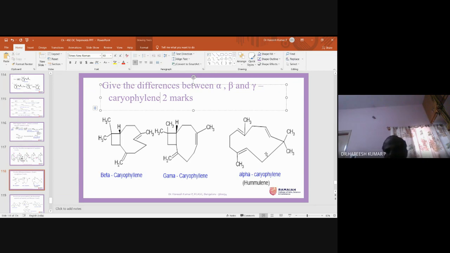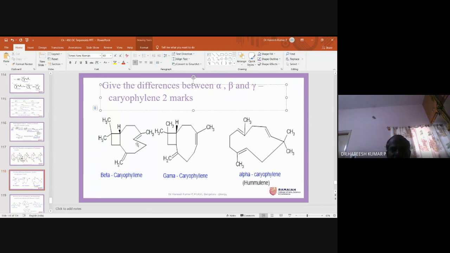So you know that this is the alpha caryophyllene. It is a monocyclic compound, and it contains 3 double bonds. And this one is beta caryophyllene, and it has 2 double bonds. One is an exocyclic double bond, another is an intracyclic double bond present in a 9-membered ring.